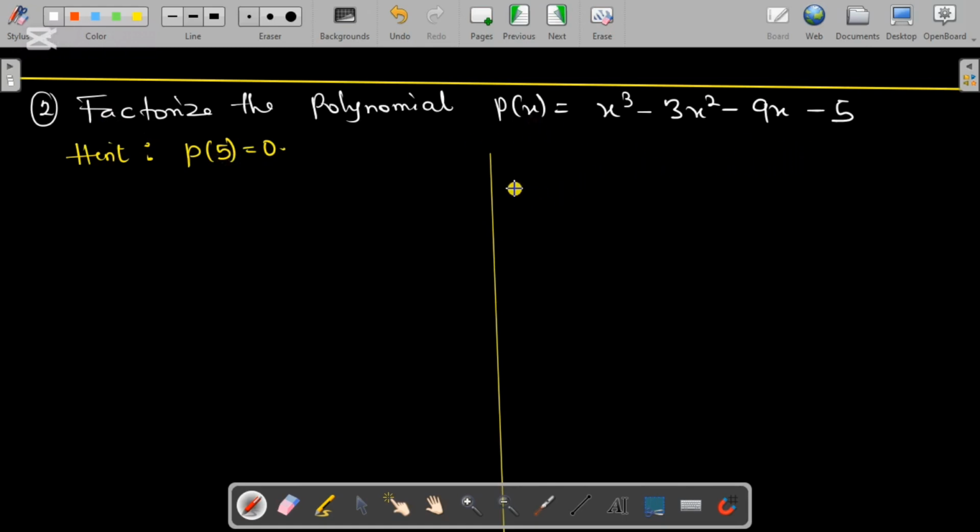This is from the factor theorem, that if I have x minus a, this x minus a will be a factor if, by the time I equate it to 0 and make x the subject, I substitute this a as my x and I get 0.